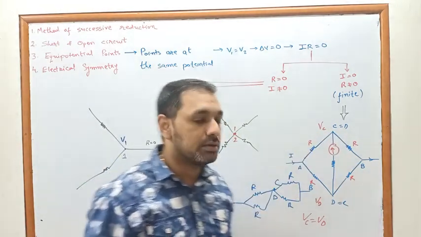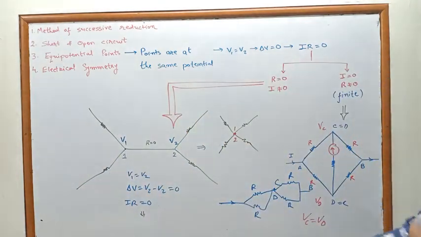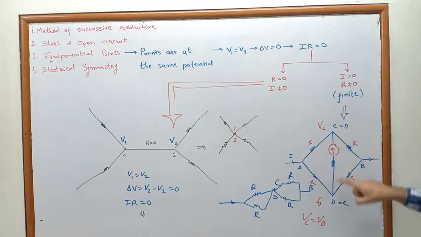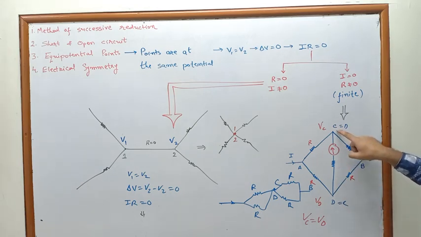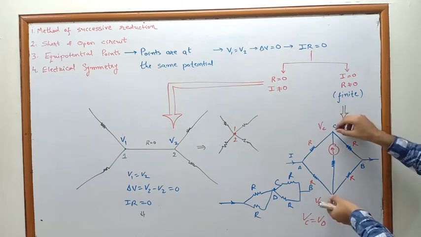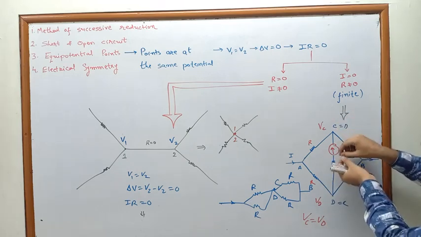I have drawn this circuit, and in this Wheatstone bridge, if there is no current in branch CD, then potential of C and potential of D are the same, VC and VD. It means there is no potential difference between C and D, so there will be no current in branch CD. So C and D are equipotential points. You can merge them, you can join them.